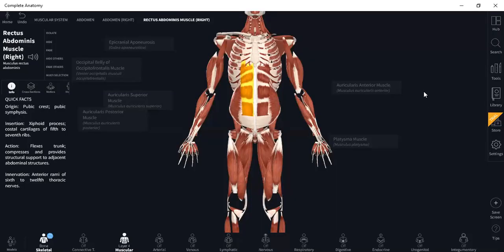The next group of muscles will focus on trunk flexion and trunk extension. There are three muscles that perform trunk flexion. The first is rectus abdominis.